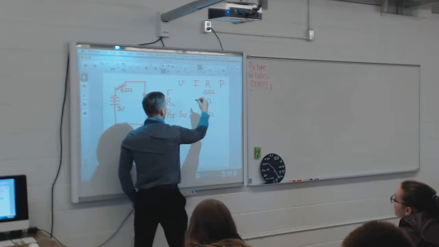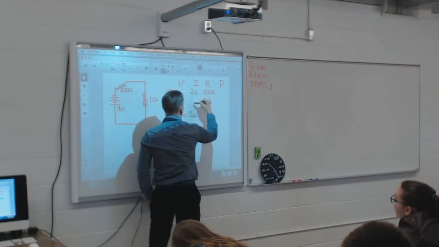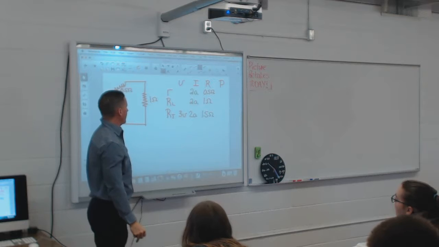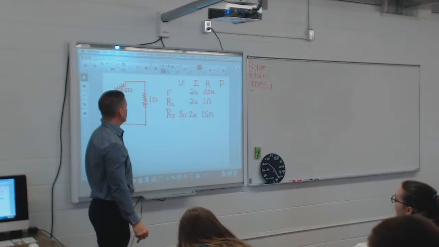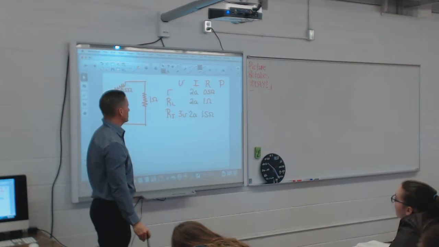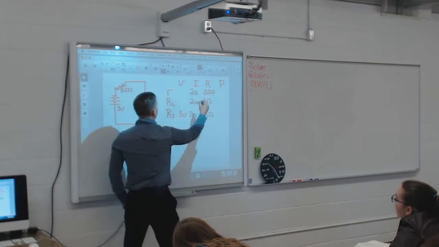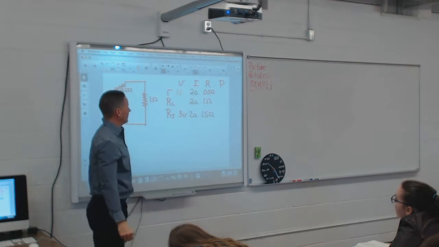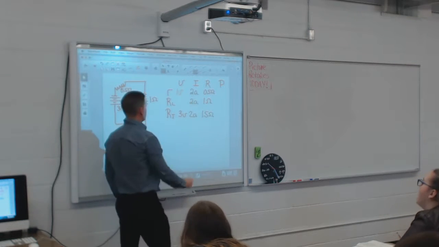All right, 2 amps up here, 2 amps right here. And I can find my voltage. What's my internal resistance voltage? 1 volt. What's my load resistance voltage? 2 volts.